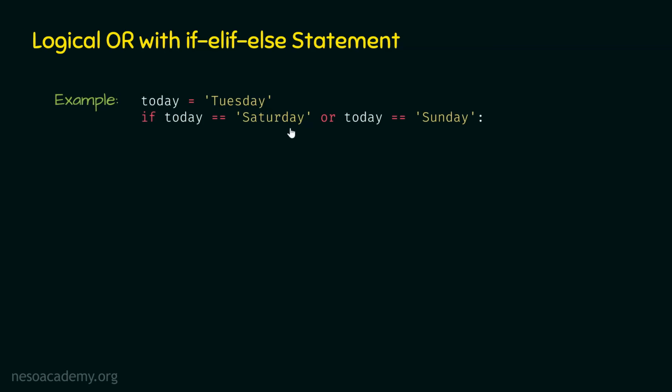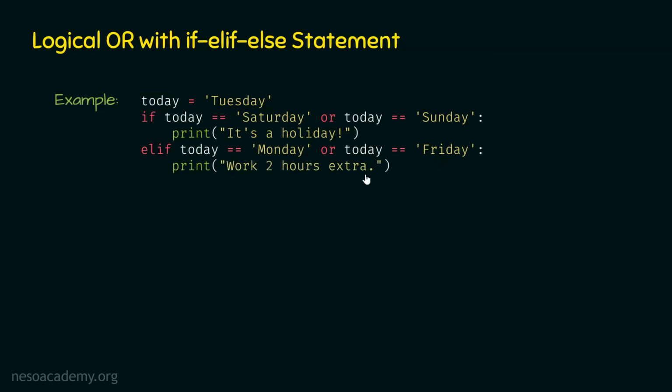If today is Saturday or today is Sunday, then we know that it's a holiday, so we must print it's a holiday. If today is Monday or today is Friday, then we know that every employee has to work for 2 hours extra. Therefore, we must print work 2 hours extra. Otherwise, if none of these conditions are satisfied, then in that case, normal work hours must be printed.